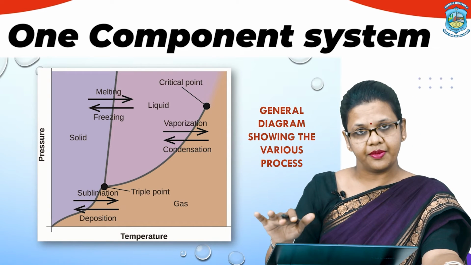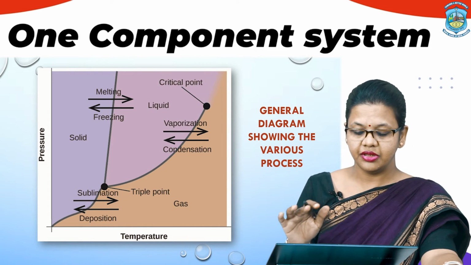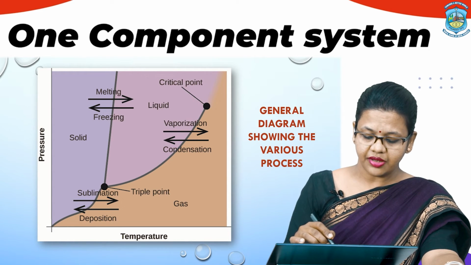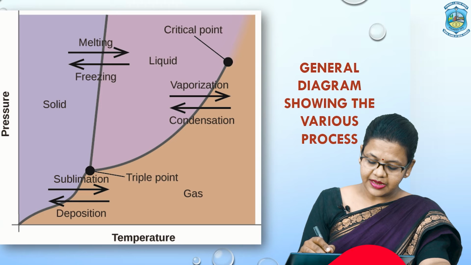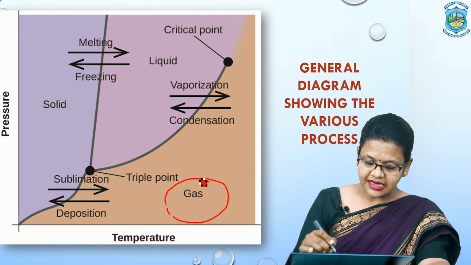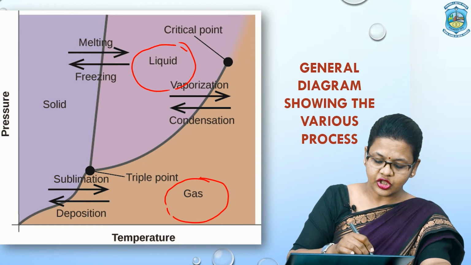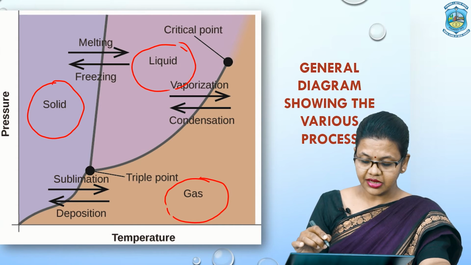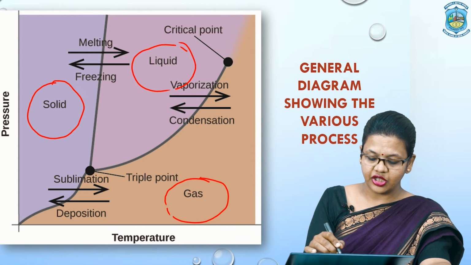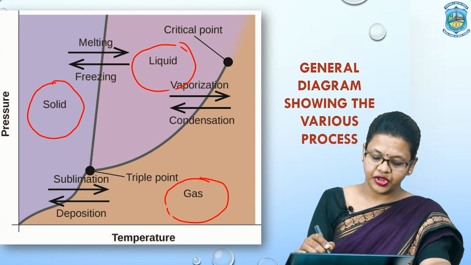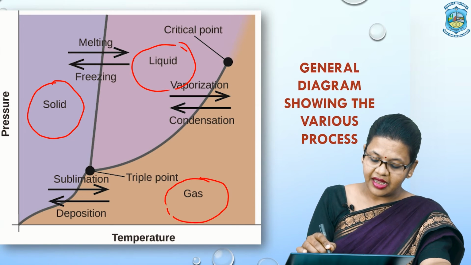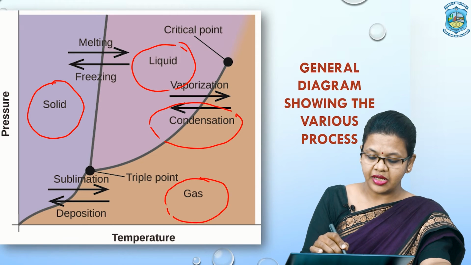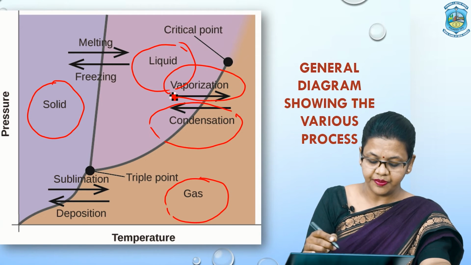Now, if I summarize all the discussion and take this diagram, we can see that the ice water vapor system divides the existence of gas, liquid and solid individually in the 3 marked areas, and these lines show us the interconversion of either gas to liquid by condensation or liquid to gas by vaporization.